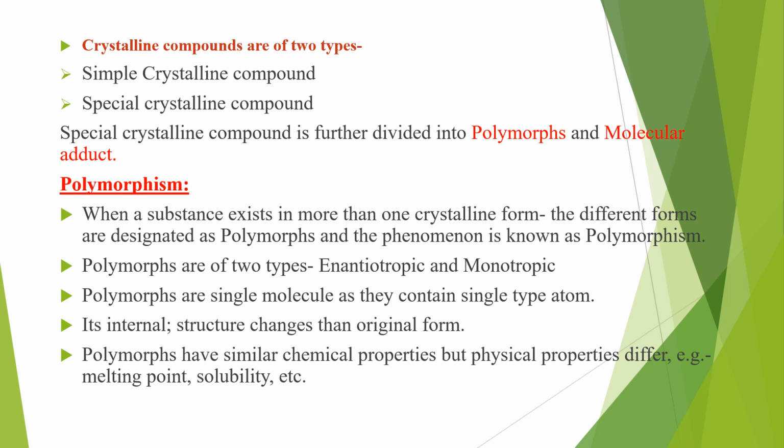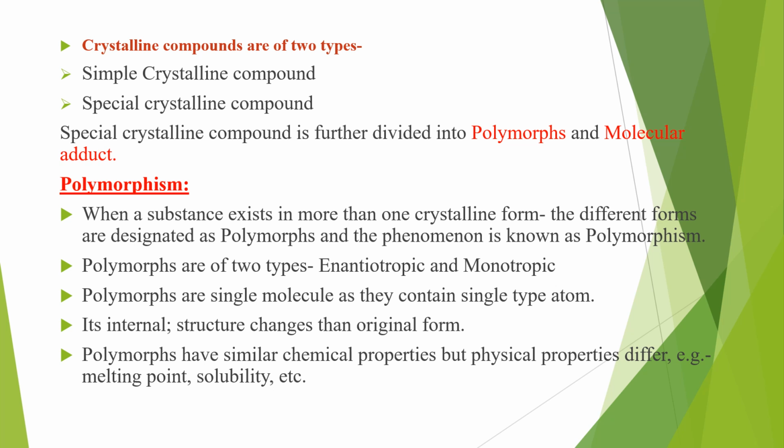We also discussed polymorphs and the term polymorphism. When a substance exists in more than one crystalline form, the different forms are designated as polymorphs, and this phenomenon is known as polymorphism.